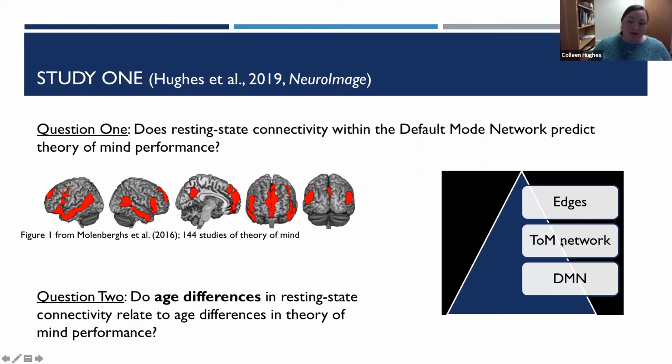We focused on a theory of mind network, which I'll talk about how we defined, but that's nested within the DMN. And then we focused on particular edges, or the singular connections between different pairs of regions within this theory of mind network. So we tried to scope in to see where do age differences emerge, but also where do we predict behavior most robustly?